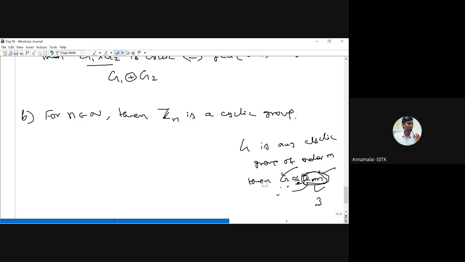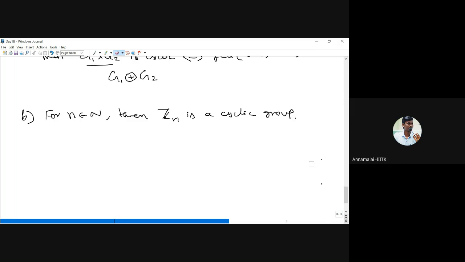If we take any cyclic group, it is isomorphic to one of these two. So in the cyclic group part, these are all very important points: any cyclic group of order n is isomorphic to Zn, and any infinite cyclic group is isomorphic to Z.